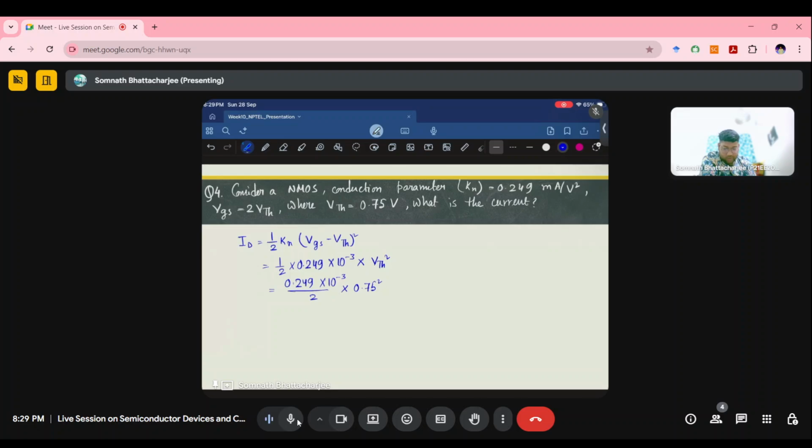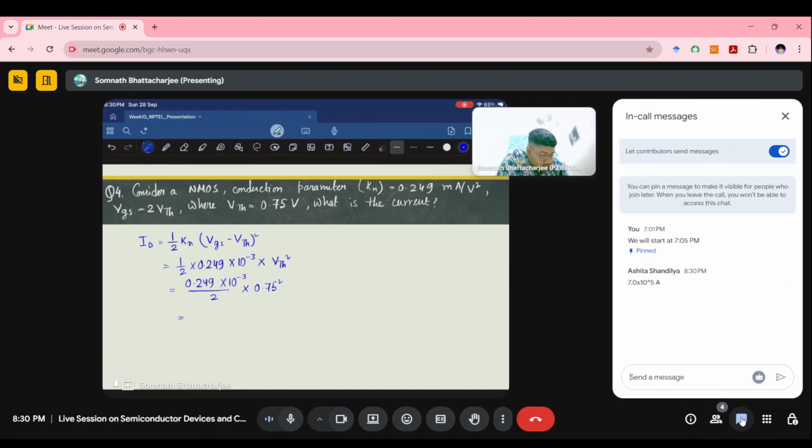So we just have to put the values. That will be 0.249 into 10 to the power of minus 3 divided by 2 multiplied with 0.75 square. So that is 7 times 10 to the power of... I guess it will be 10 to the power of minus 5, right?